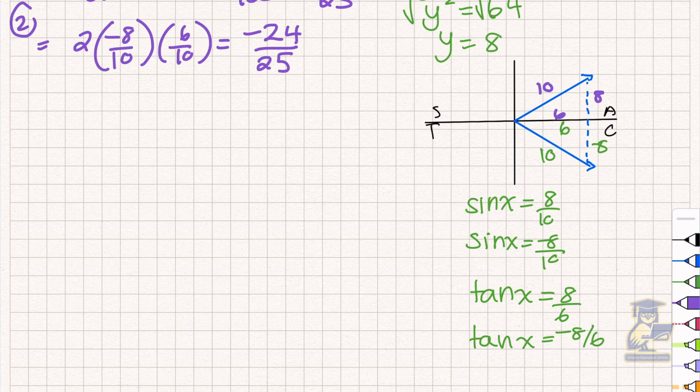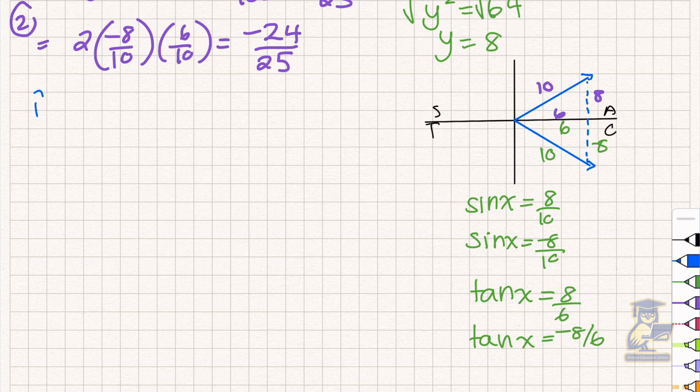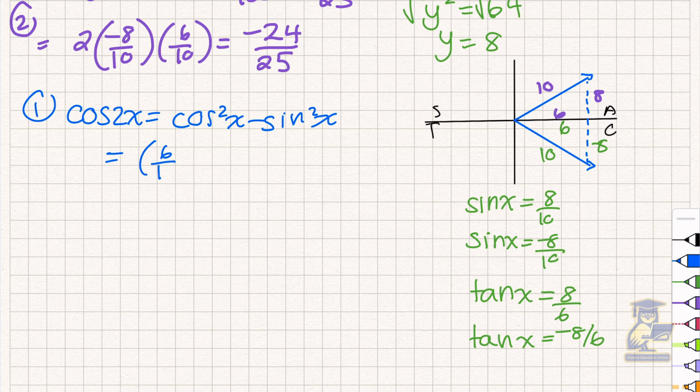Now we're going to do cosine. So cos 2x equals cos squared x minus sine squared x. We can use these because we have both cos and sine. So we have 6 over 10 squared minus 8 over 10 squared.